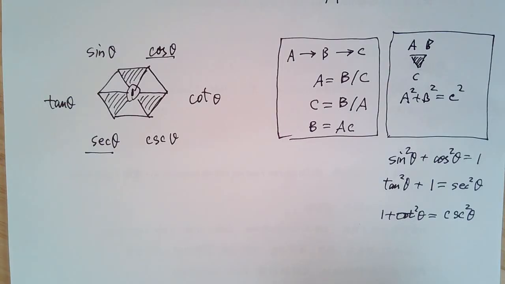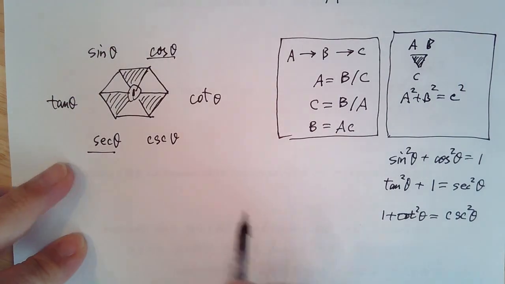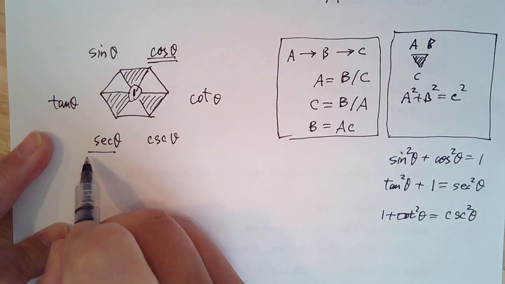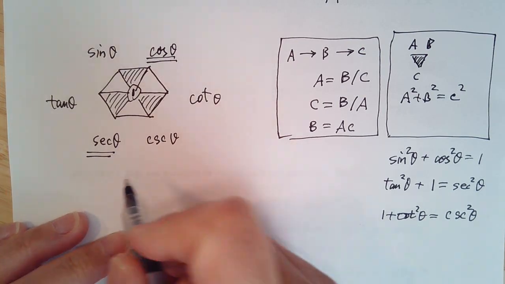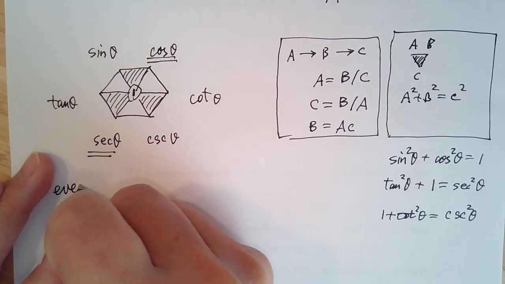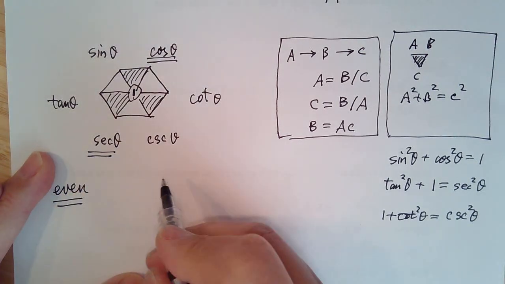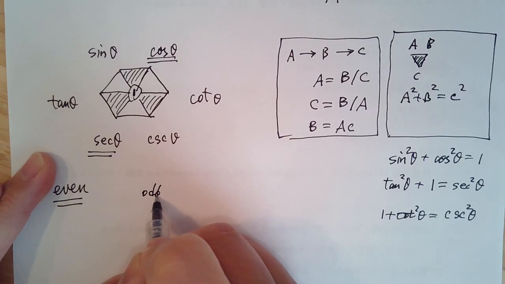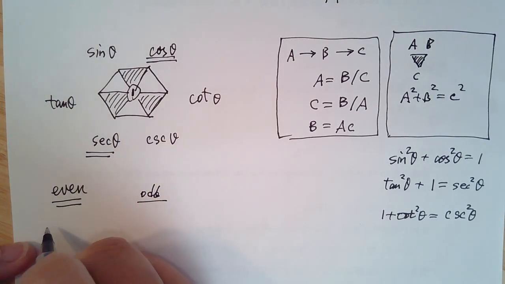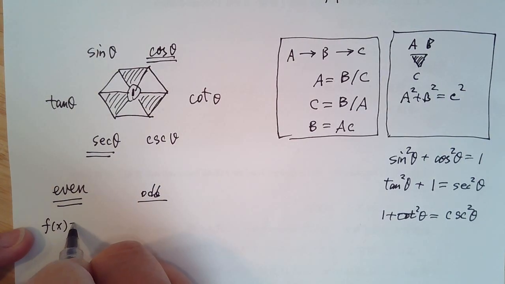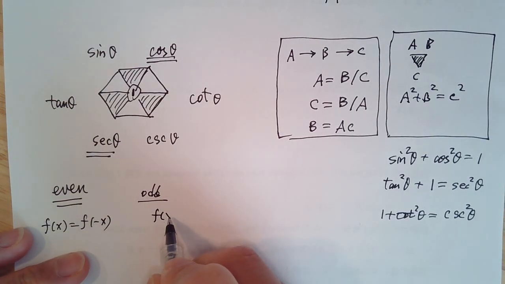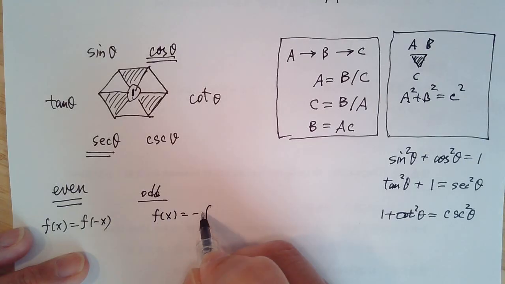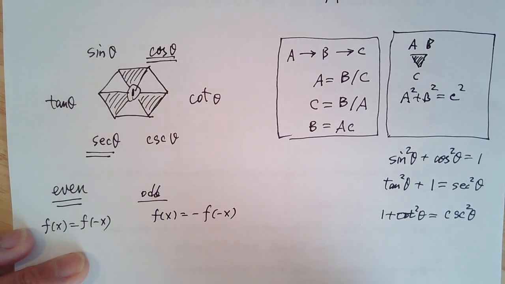Interesting, isn't it? Okay, the very last one: let me just do this. I put two bars under cosine and secant because they're even, and all the others are odd. Do you remember what is odd and even? For an even function, f of x is the same as f of negative x. For an odd function, f of x equals negative f of negative x.